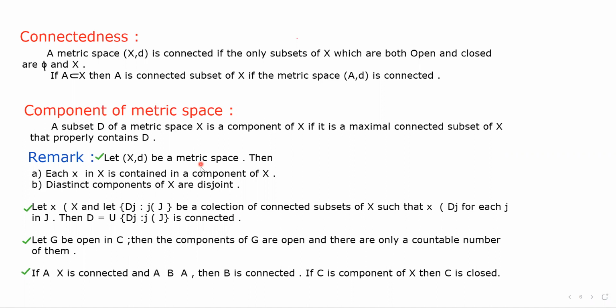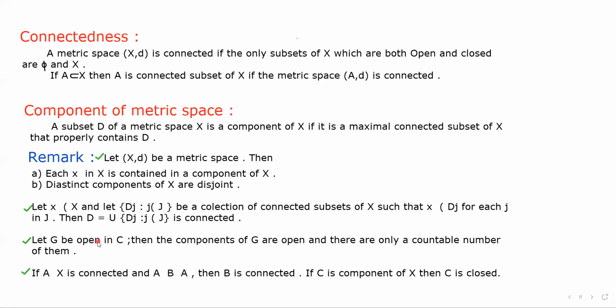Okay. Then there are some properties of components of X. Let (X, d) be a metric space. First, each x0 in X is contained in a component of X. Second, distinct components of X are disjoint. Okay, which means the intersection of distinct components will always be phi.